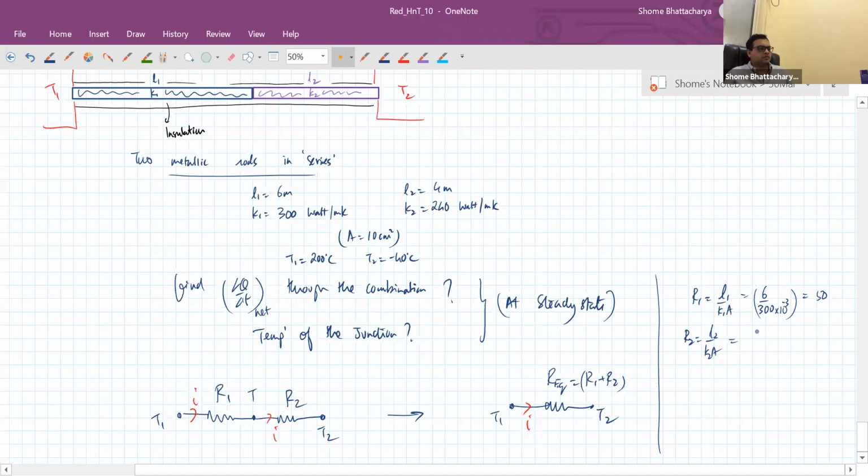And 4 upon 240, 10 raised by minus 3. So that's 1000 by 60. So 100 by 6 or 50 by 3. So it is 20.